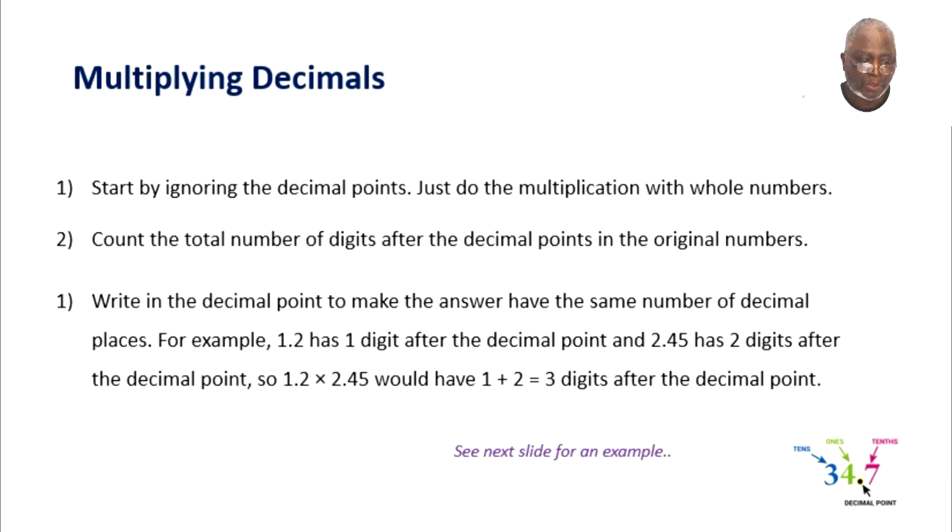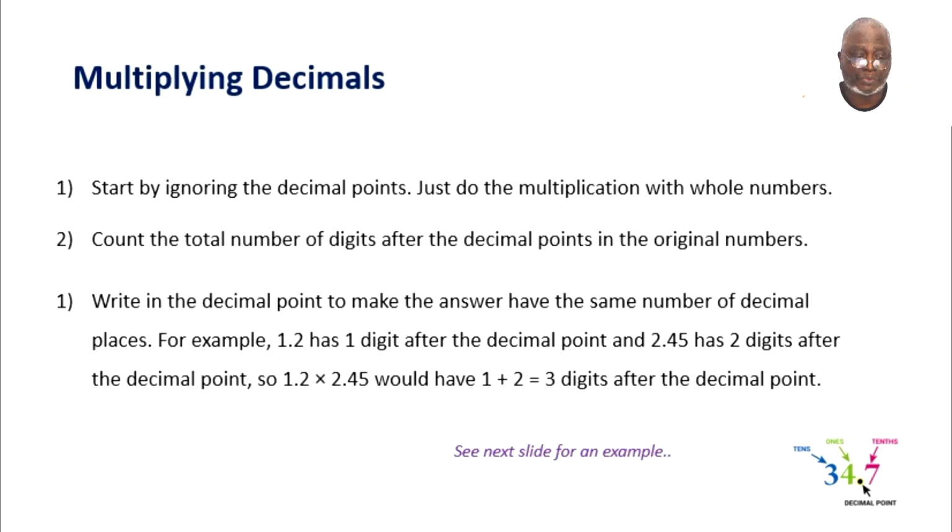For example, 1.2 has 1 digit after the decimal point, and 2.45 has 2 digits after the decimal point. So 1.2 times 2.45 would have 3 decimal digits after the decimal point. That's the way we adjust to make sure we get our answer right.